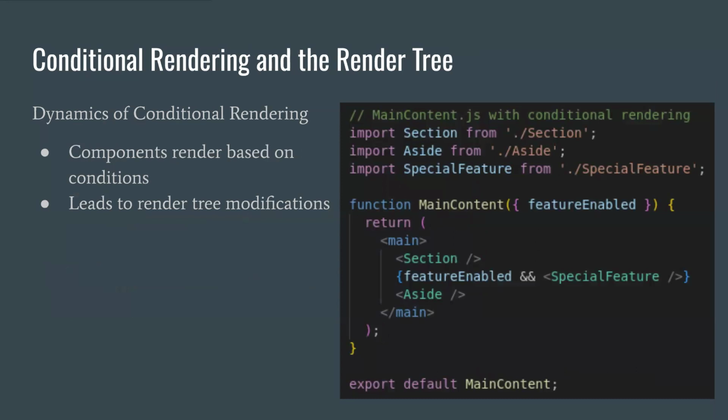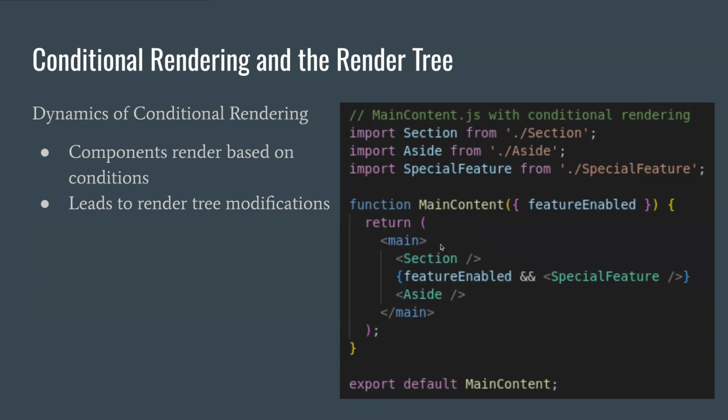Conditional rendering and the render tree. An interesting aspect of the render tree is how it adapts to conditional rendering. Conditional rendering in React allows components to render different elements or components based on certain conditions. This can lead to changes in the render tree structure between renders.